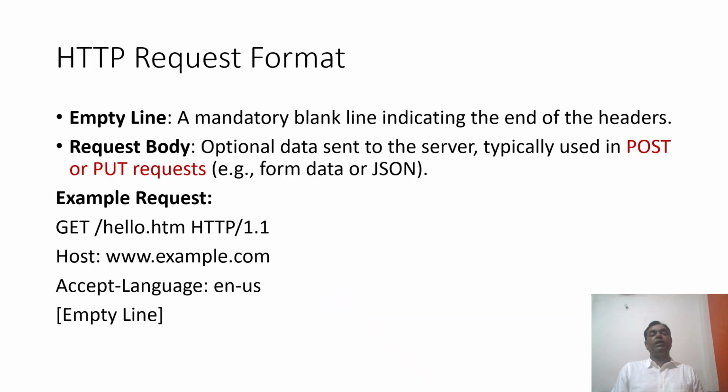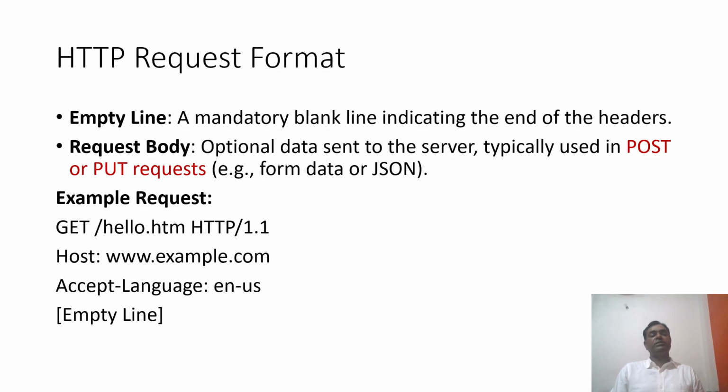Then there is an empty line, a mandatory blank line indicating the end of headers. And then there is the request body, optional data sent to the server, typically used in POST or PUT requests. For example, form data, that means when we are filling some data into a form, or JSON data.